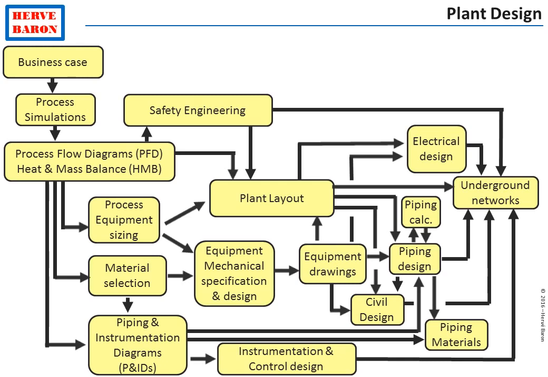We have now come to the end of this presentation, and I hope you enjoyed this synoptic showing the interactions between the various engineering disciplines as well as the overall plant design sequence. Large projects are complex, and there are so many different activities and disciplines.